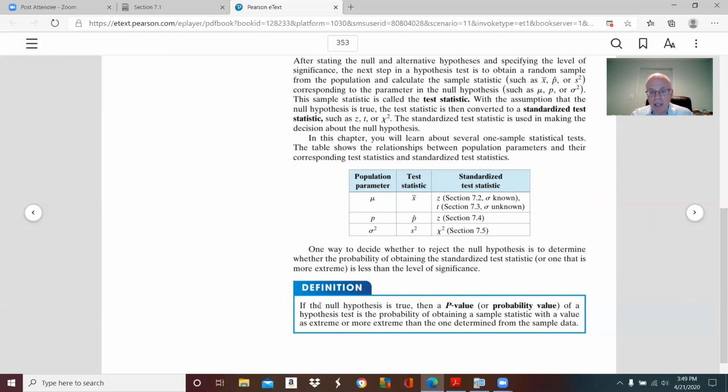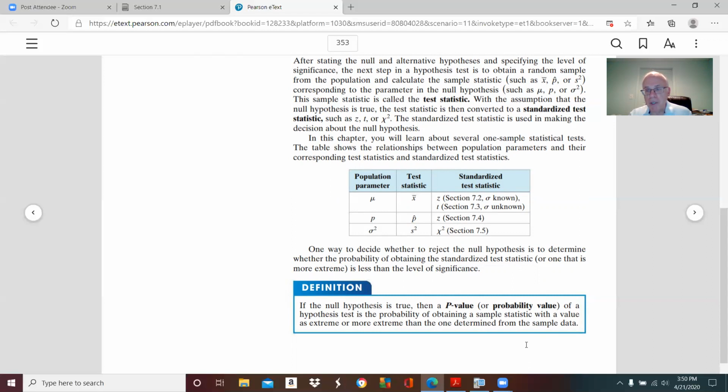So if we assume up front that the null hypothesis is true, then a p-value of a hypothesis test is the probability of obtaining a sample statistic with a value as extreme or more extreme than the one determined from the sample data. Okay, so again, I'll show you what that means in a couple minutes.